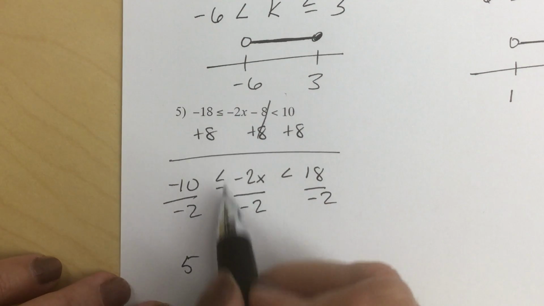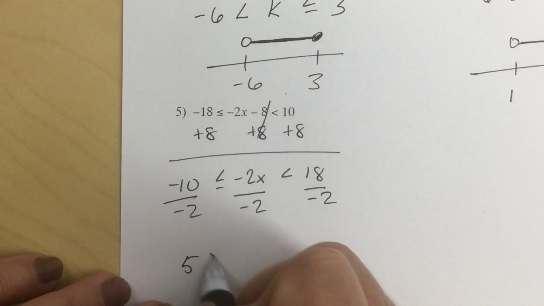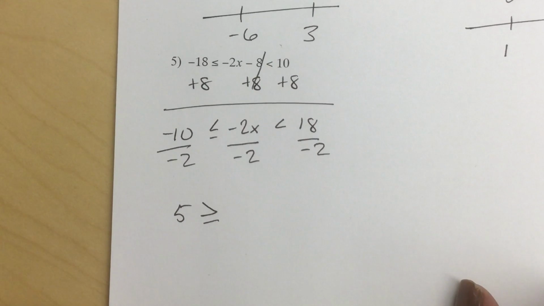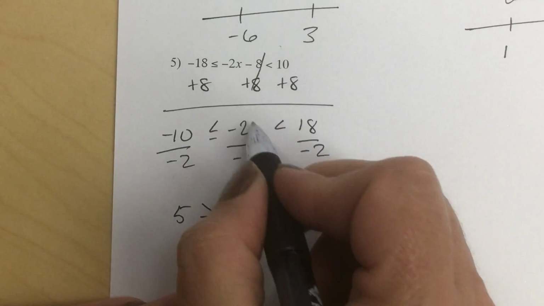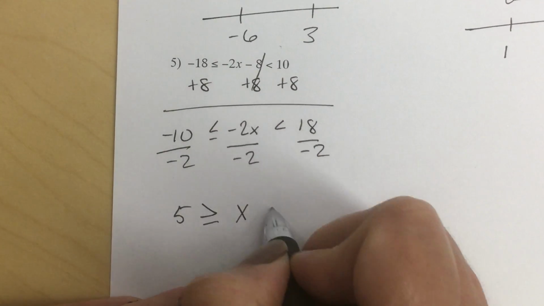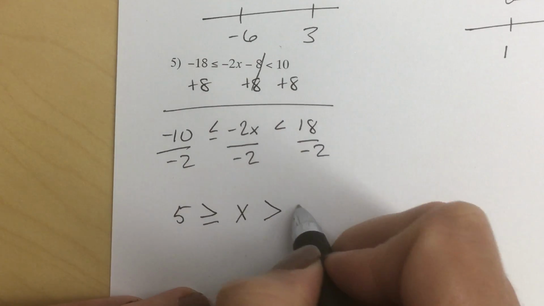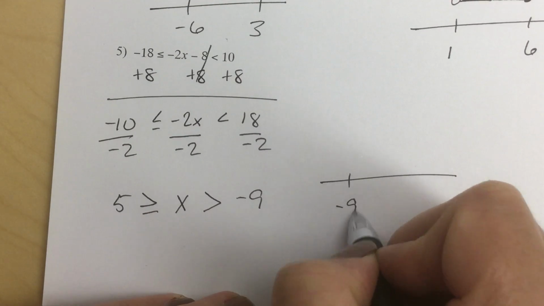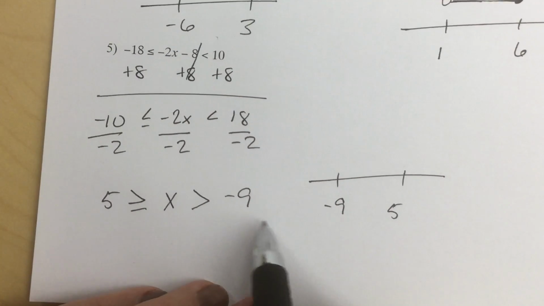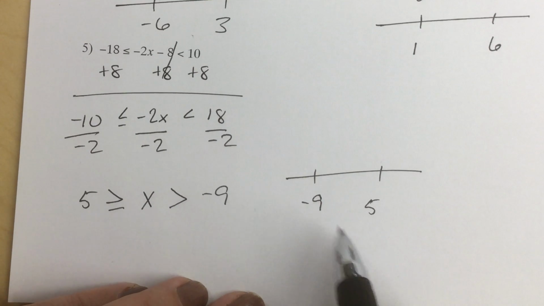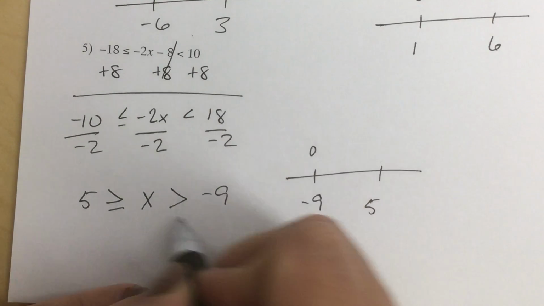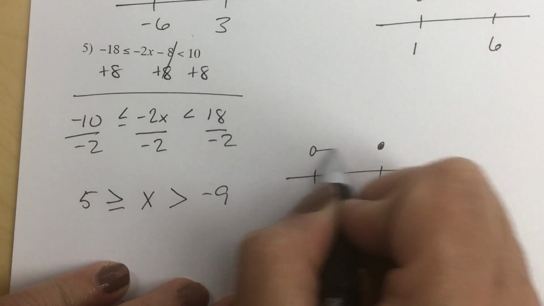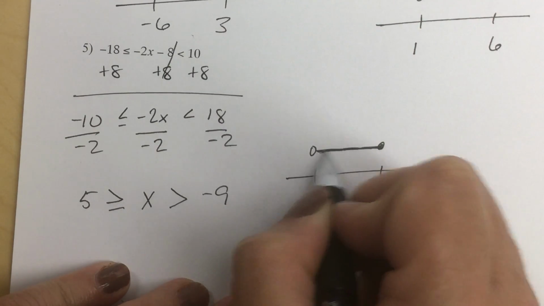It is going to change the sign from less than or equal to, to greater than or equal to. Remember, when you multiply or divide by a negative number, you have to change the direction of your sign. This is just an x, and this changes from less than to greater than, and this is a negative 9. So my number line has a negative 9 and a 5 on it, putting the negative 9 to the left because it's smaller, open circle on the negative 9 because it's greater than, and a closed dot on the 5, and we shade in between.